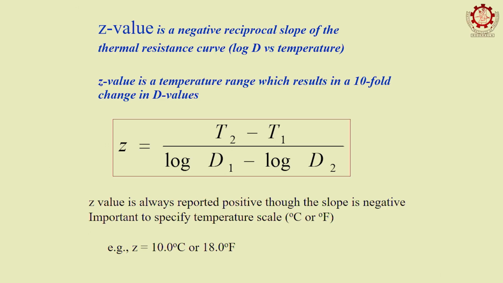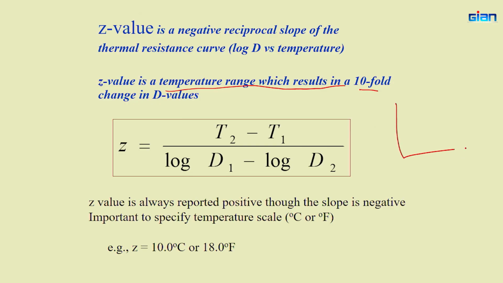The next concept is the Z value. Because different bacteria have different heat sensitivity, some more sensitive, some less sensitive, we use the term Z value. Basically, it's the temperature range in which you're going to have a tenfold change in D value.